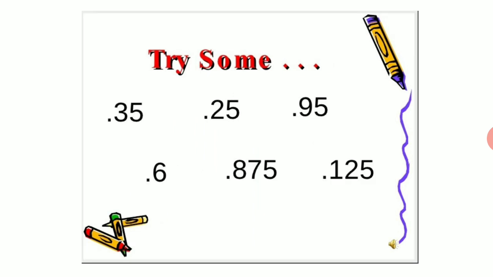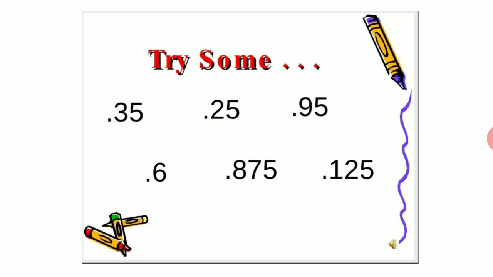Now, children, I have given you some questions to turn a decimal number into its fractional form. Suppose we take the number 0.35. We know 0.35 can be written as 35 by 100. Why? 5 is in the hundredths place and 3 is in the tenths place according to the decimal place value chart.